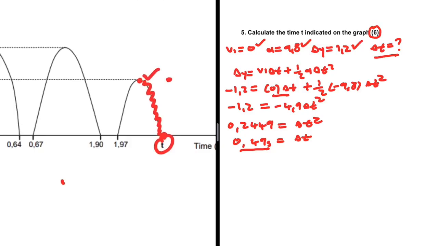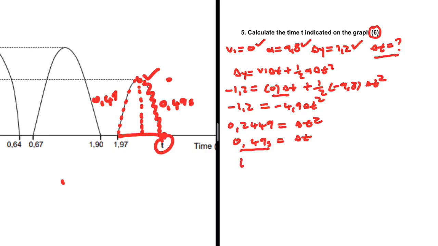We know for sure that from maximum height until we strike the ground is 0.49 seconds, right? But that also implies that from the ground until maximum height, we took 0.49 seconds. So from 1.97 to t is 0.49 plus 0.49.